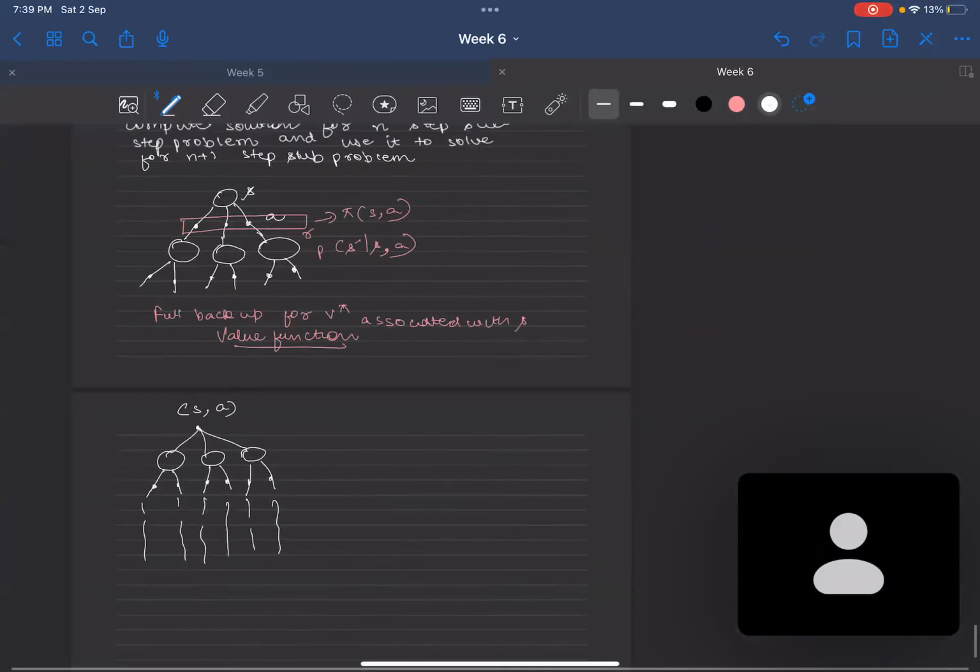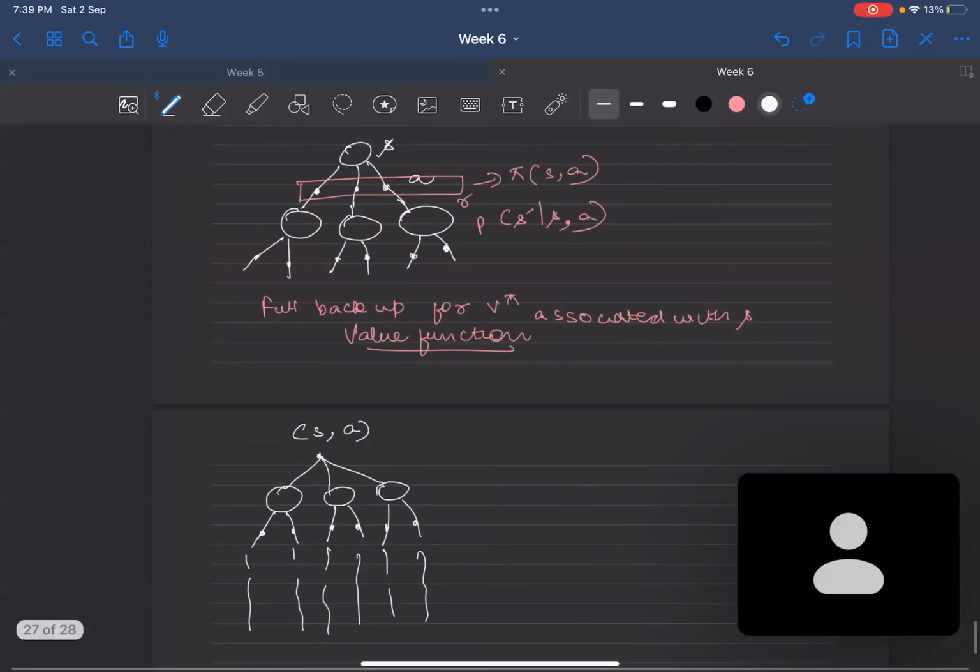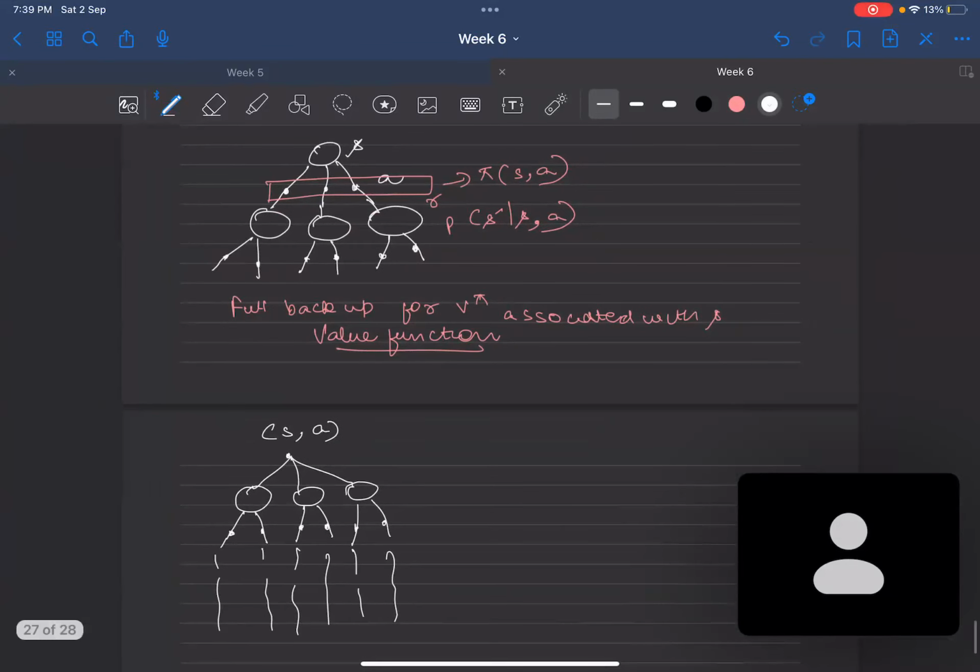We have discussed this many times, what we are doing here. Can someone tell me what is the difference between both of these? Madam, one thing in the notation, the pi of A given S, right? You have written pi of S comma A. What is the correct notation? Okay, I'm sorry. You are correct here.